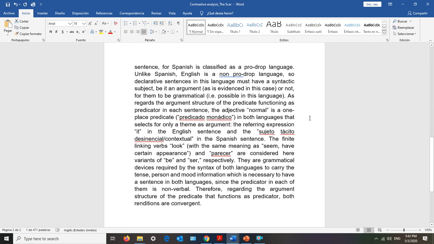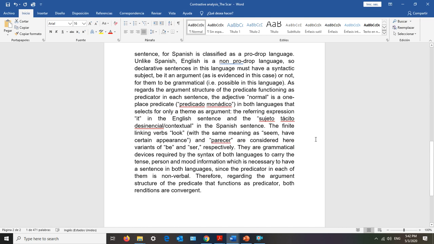As regards the argument structure of the predicate functioning as predicator in each sentence, the adjective normal is a one-place predicate, predicado monádico, in both languages, that selects for only a theme as argument. The referring expression it in the English sentence and the sujeto tácito desinencial contextual in the Spanish sentence.